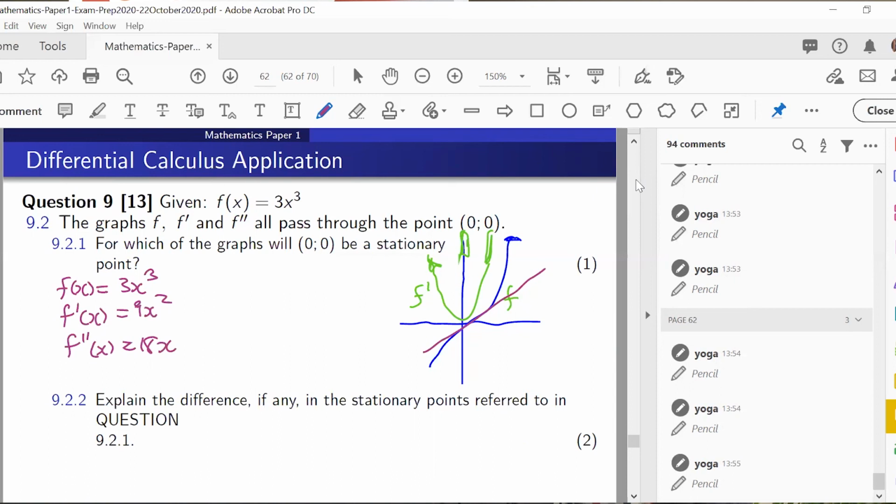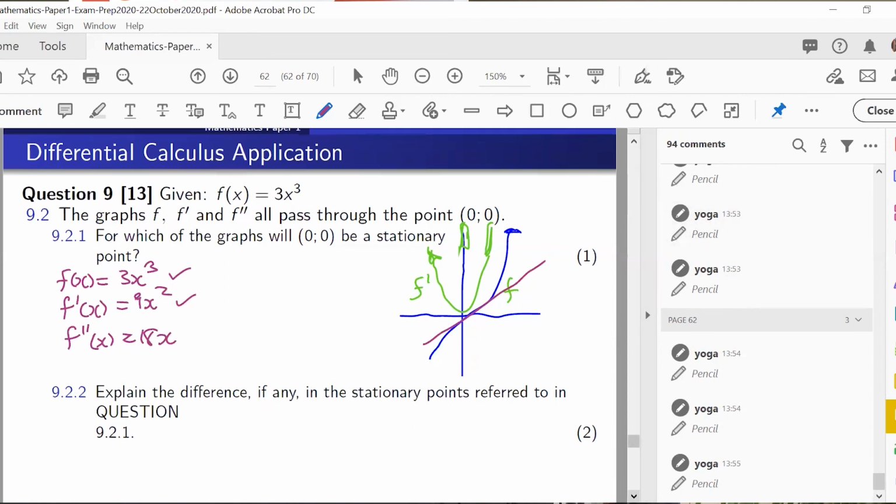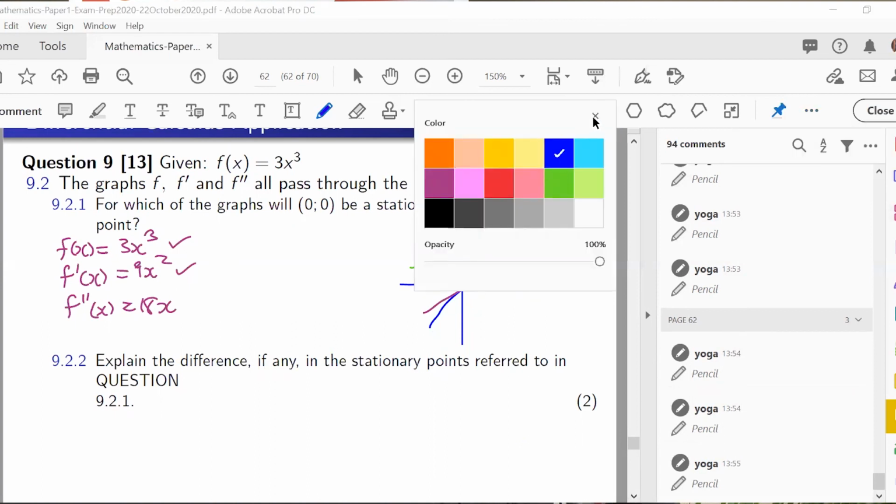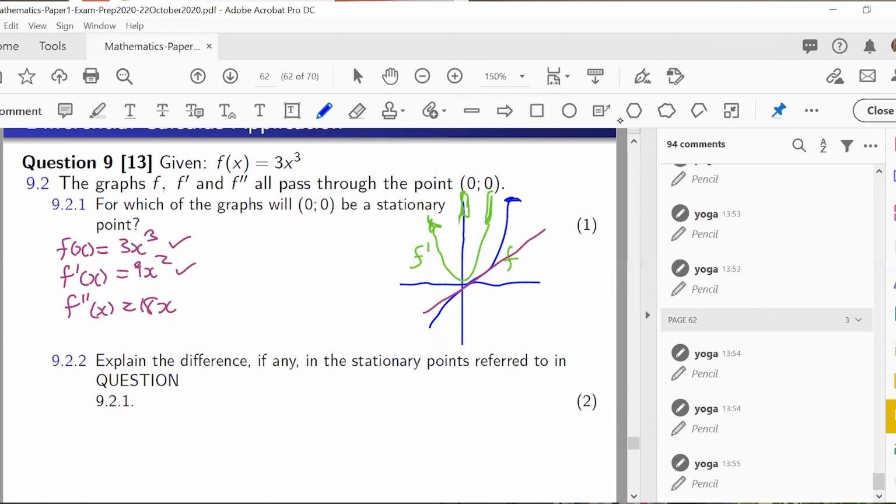That would be a stationary point only for f and also for the derivative, because these are the graphs. F has got a point of inflection, and the derivative has got a turning point. So it's only, let me just write down in full as the answer, it's f and the derivative of f only.